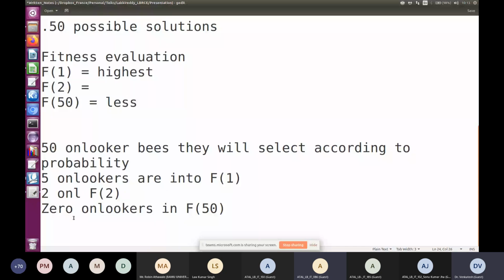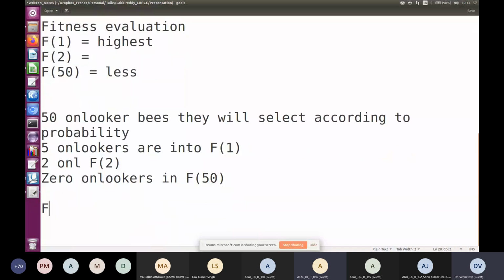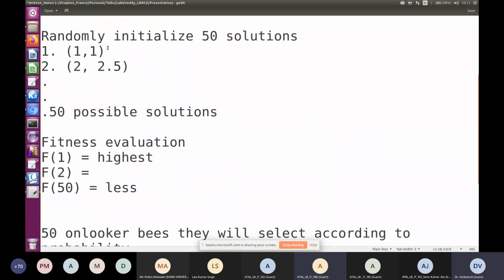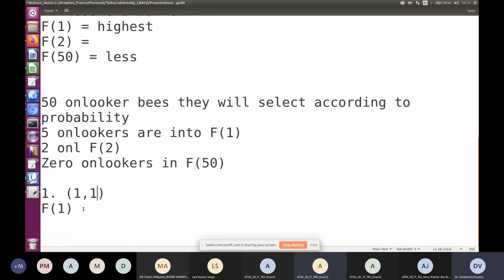For example, f of 1, the first solution, is something like this, right? The xy coordinates are 1 1 for the first solution. Then the fitness of this one might be somewhere around 50.